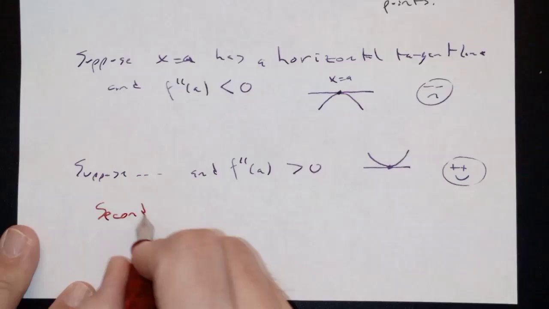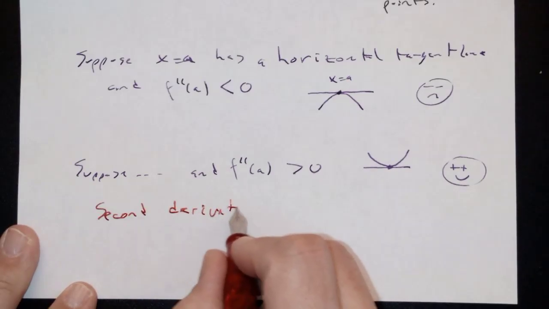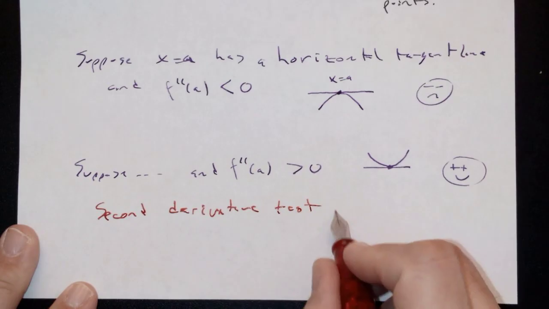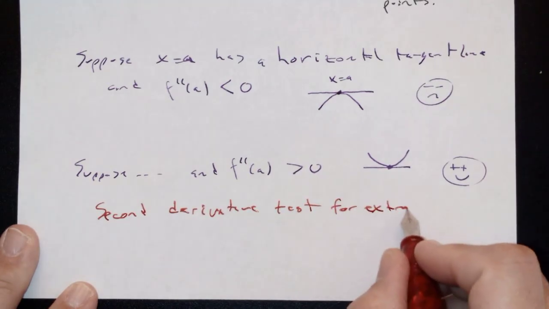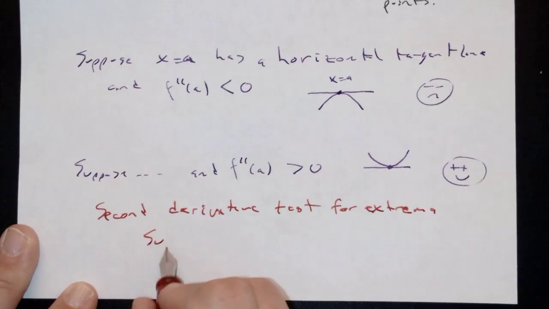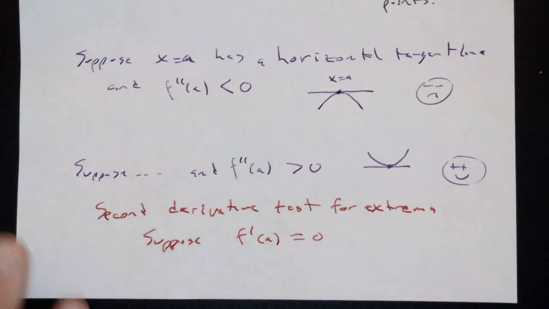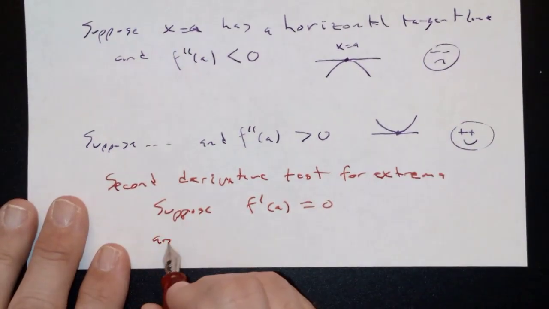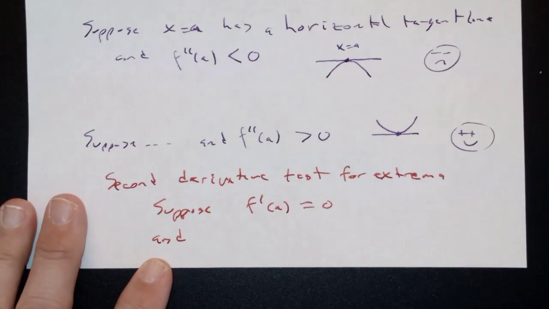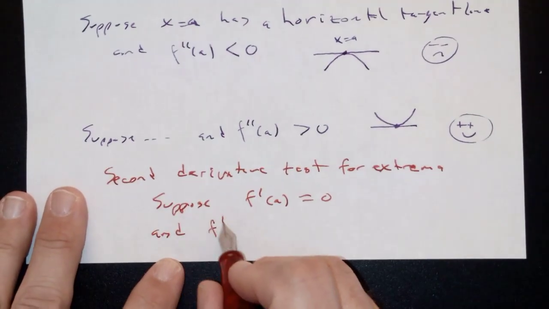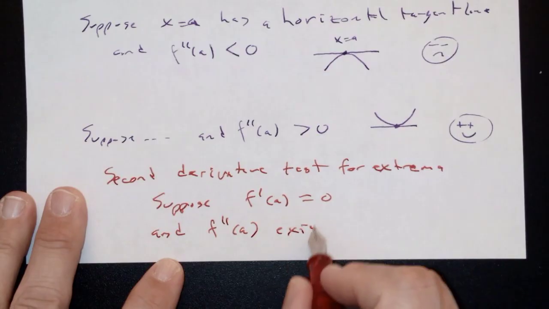Second derivative test for extrema. Suppose f prime of A equals 0. So I have a critical number. And I have a second derivative that exists there. F double prime of A exists.